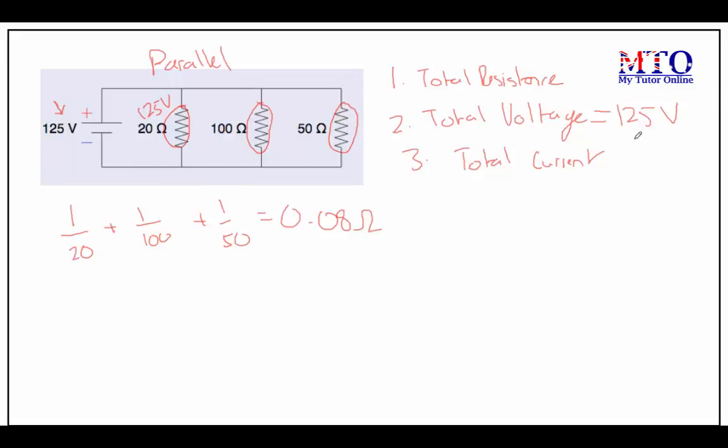So now that we have our total voltage and our total resistance, we can find the total current. So to find the total current, we simply use our formula.